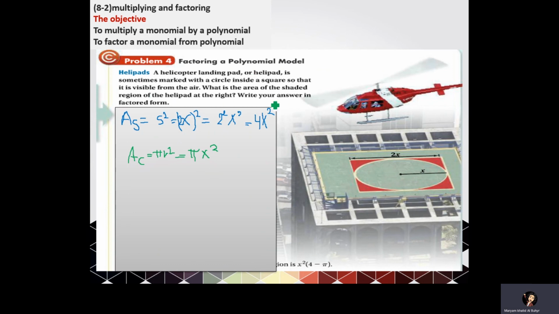They said to write your answer in factored form, which means I need to factor the area. So what is the area for the shaded part?